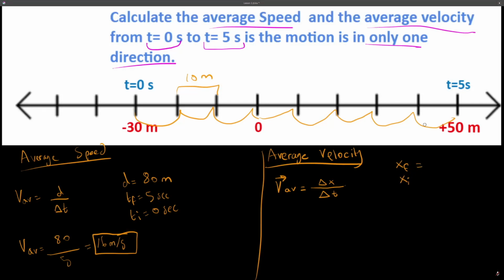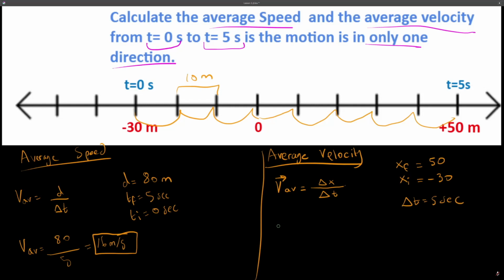What's x final? We see here at t equal 5 seconds, it's 50 meters, so plus 50. X initial is negative 30. So we take the negative sign. If we don't take the negative sign, then it's incorrect. We need to mention the direction. Now, t final minus t initial, we calculated before, it's 5. So delta t is equal to 5 seconds.